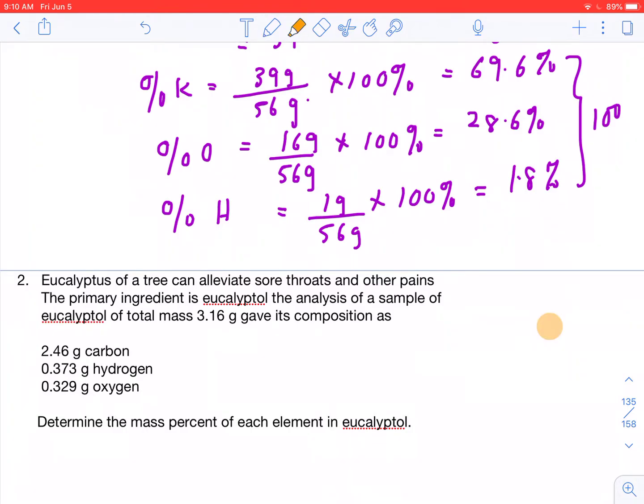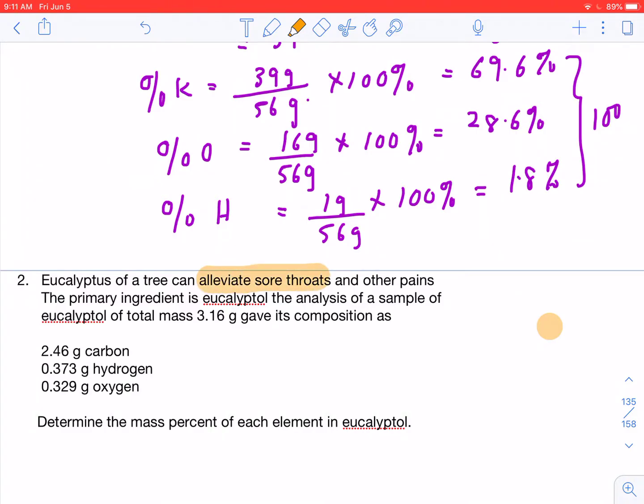Here we have now eucalyptus, and normally in Australia they have what the Aborigines used to do. They used to use this eucalyptus tree, and they then used to use the leaves to alleviate sore throats. Right?